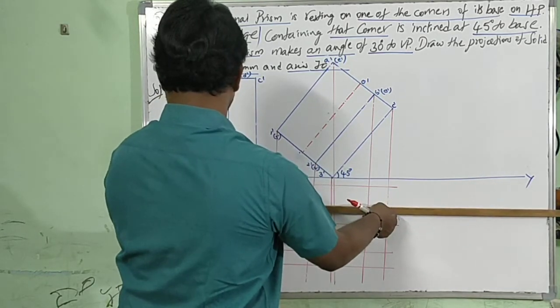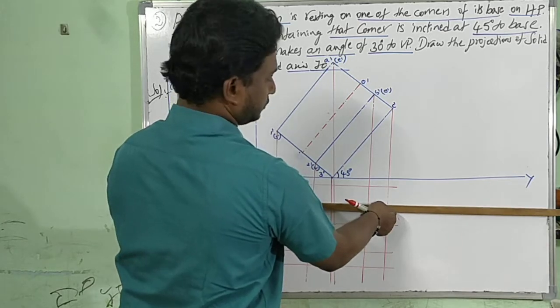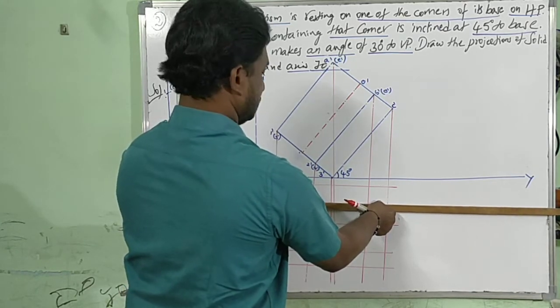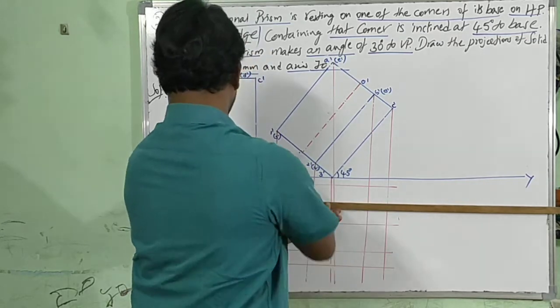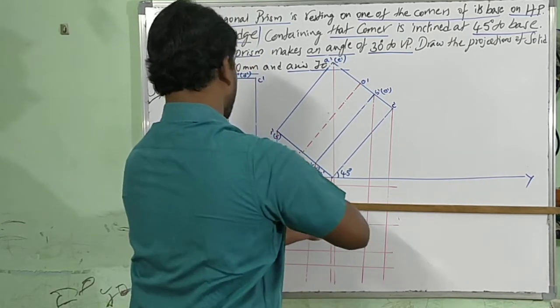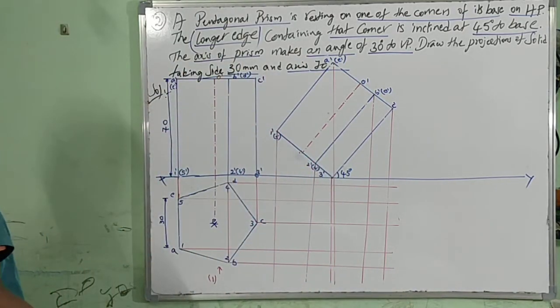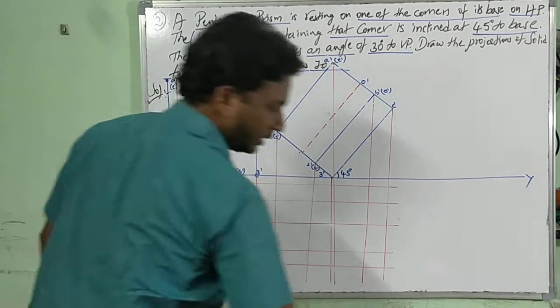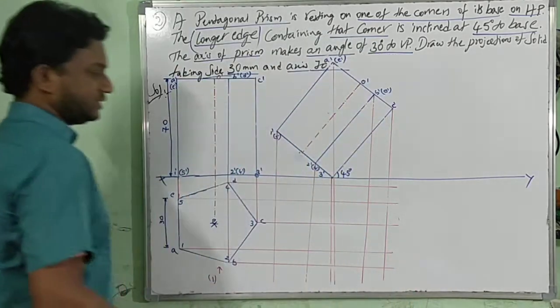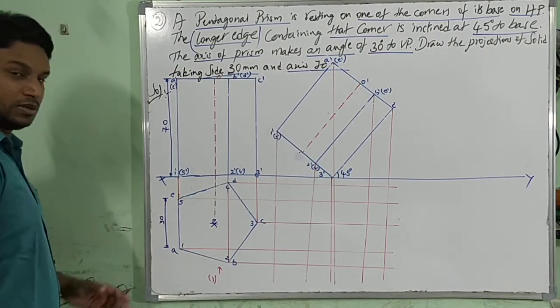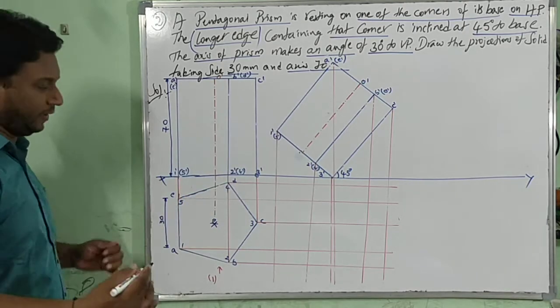E, first stage top view to second stage top view projector. See, just to show you how important the intersections are. I am doing it as per dimensions. I am not drawing roughly.